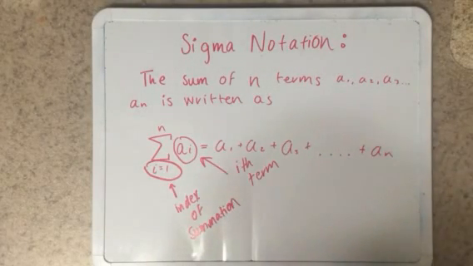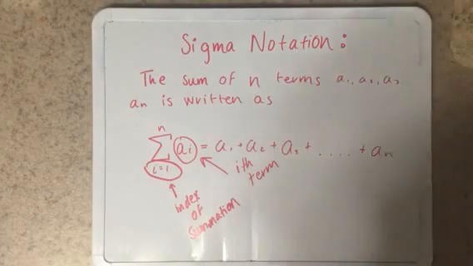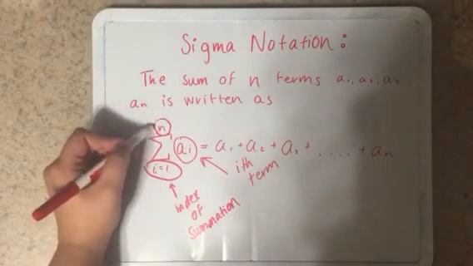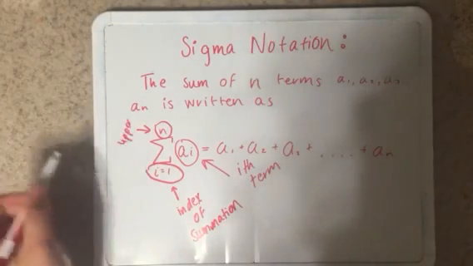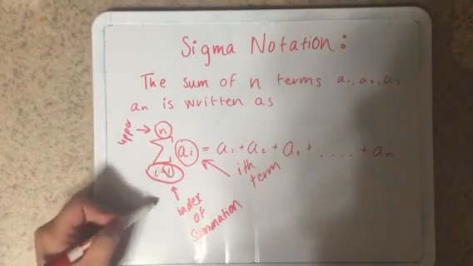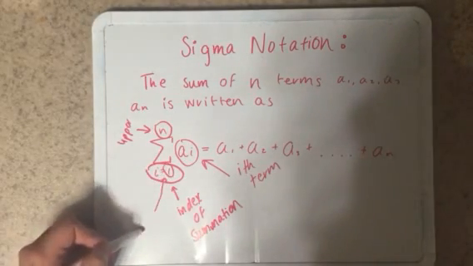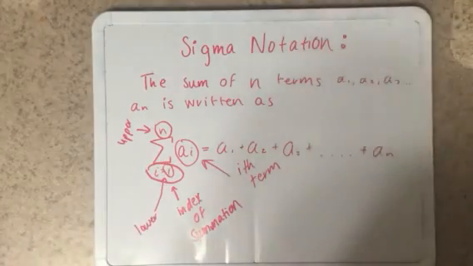And then the upper and lower bounds of summation. So this is the upper bound, and then 1 would be the lower bound of summation.